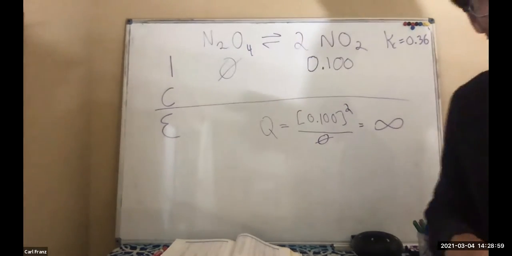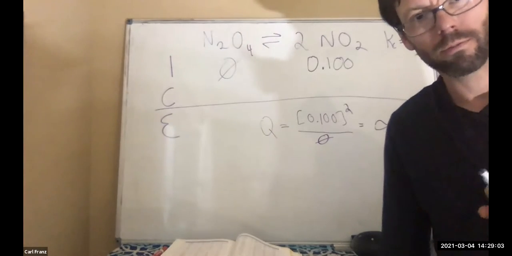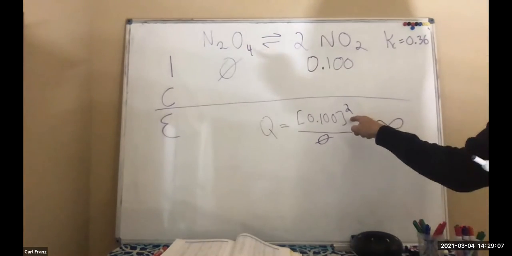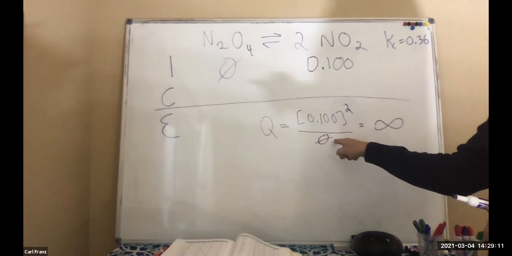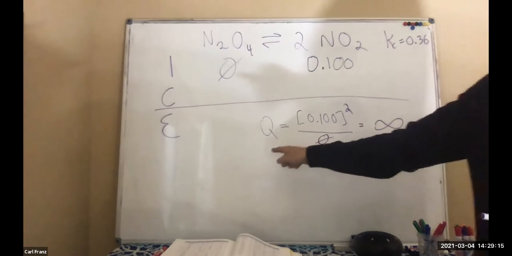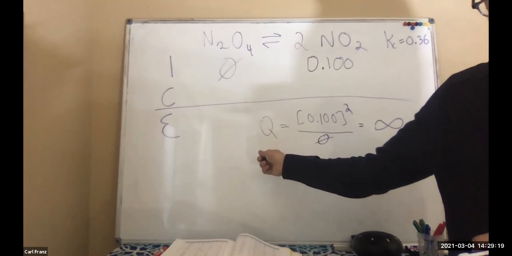Infinity and beyond is a very large number. So when we have a whole number, something greater than 0, divided by 0, we get infinity, and Q is then going to be much greater than K.